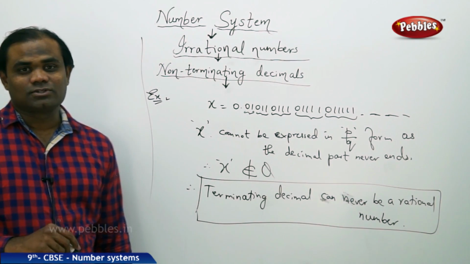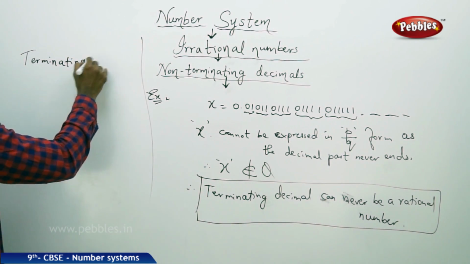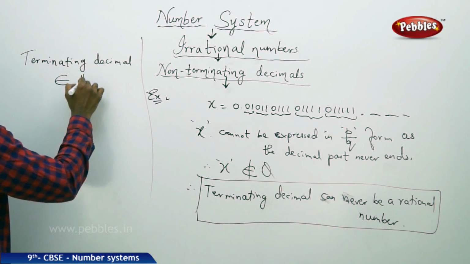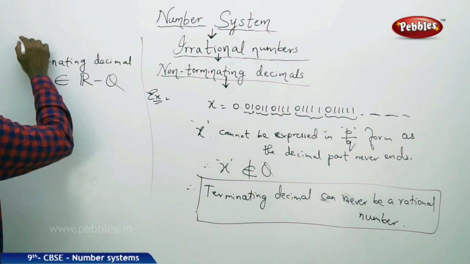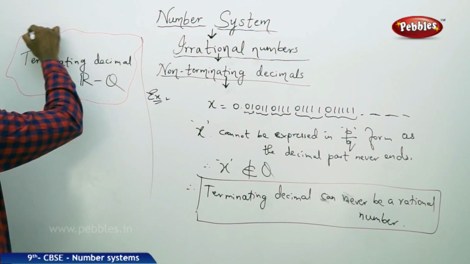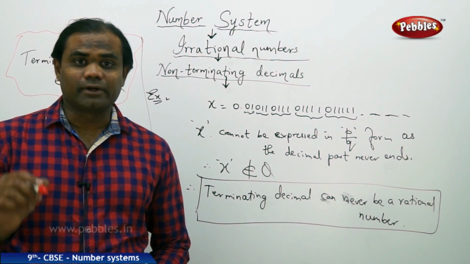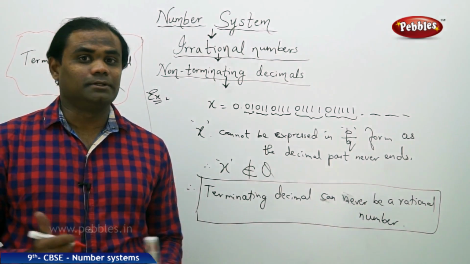So the outcome is that the non-terminating decimal belongs to R minus Q, is how I understand the property of the non-terminating decimal being an irrational number always, can never be a rational number.